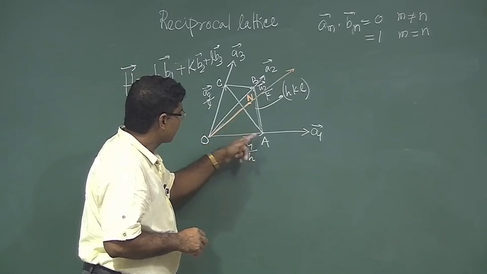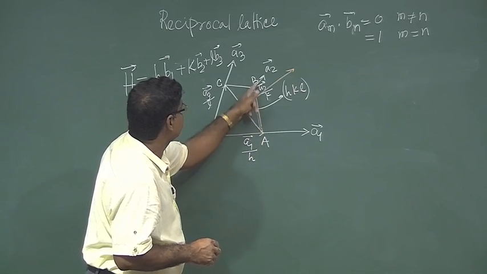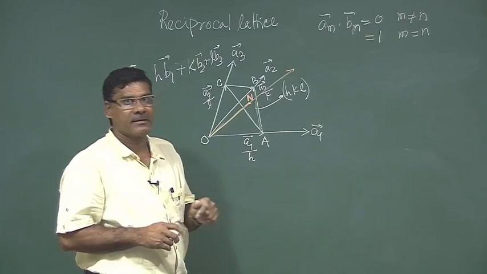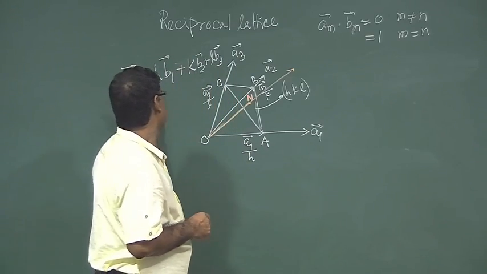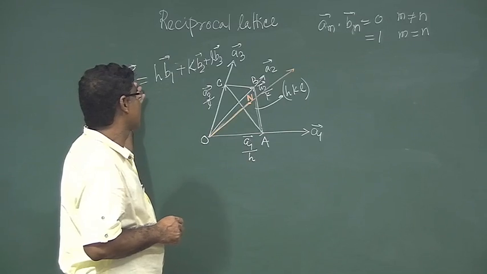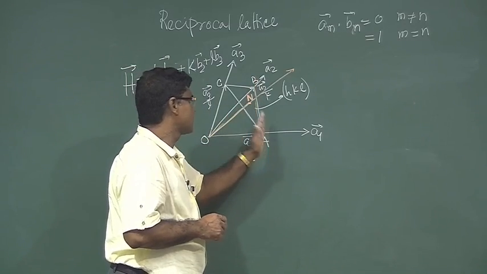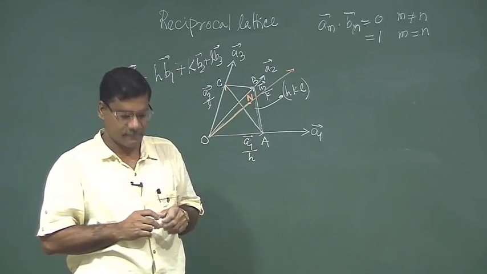Okay. So, if it is normal on this plane, and AB, BC, CA are on this plane, then this H has to be normal to AB also, or BC also, or CA also, right.